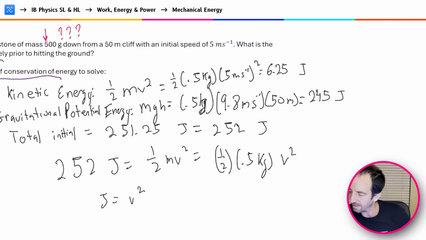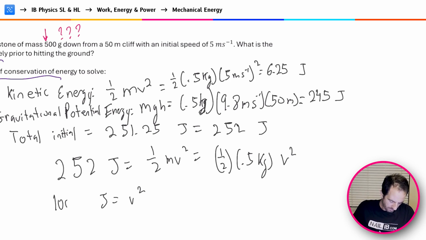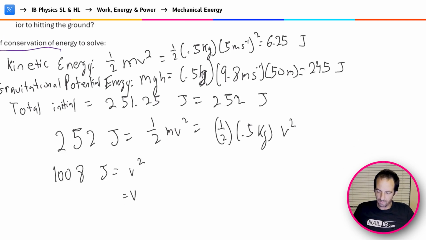We get 1008 equals v squared. The velocity by itself is equal to the square root of that, which is equal to 32 meters per second.